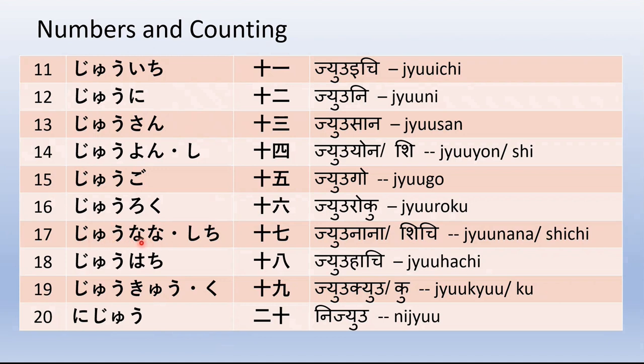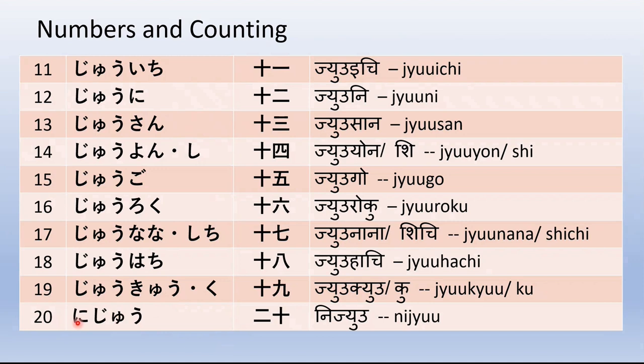Junana or Jushichi is 17. 10, 7. Ju for 10, Nana for 7. So Ju Nana. Ju Hachi for 18. Ju Q for 19. And Niju.